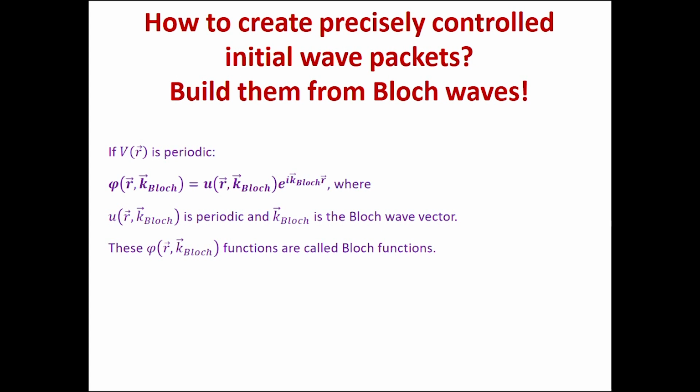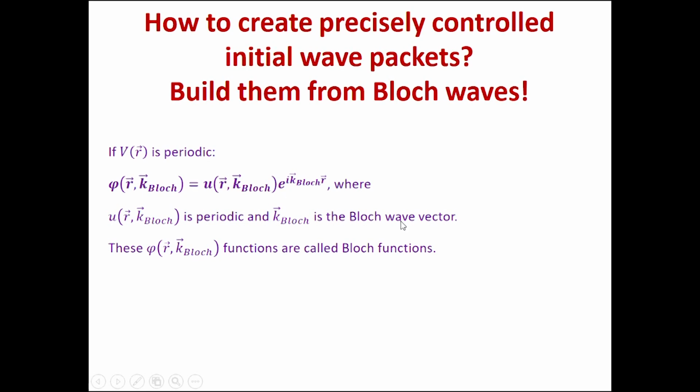We can build them from Bloch waves, because if the potential is periodic, then the Bloch theorem states that the wave function is the multiplication of two terms, a periodic part and a plane wave part.